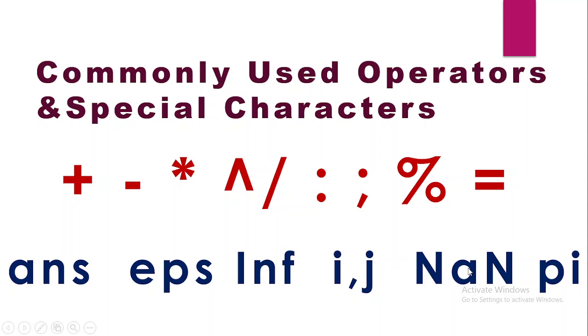NaN means not a number. So it's an undefined numerical result. Remember when you type something that is actually a mathematical error on your calculator, it shows math error. So math error and NaN are somehow close. Pi, you all know what pi is, I guess.